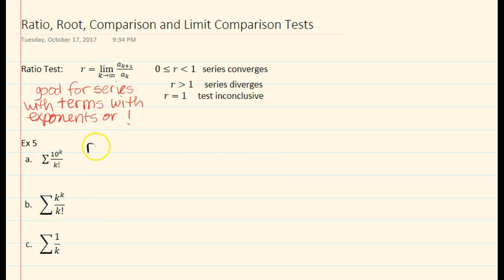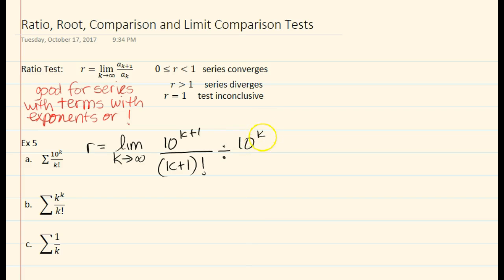The ratio test says for us to take the limit as k goes to infinity, and we're going to use the k plus 1 term, so that's going to be 10 to the k plus 1 over k plus 1 factorial. And we're going to divide that by the original 10 to the k over k factorial.